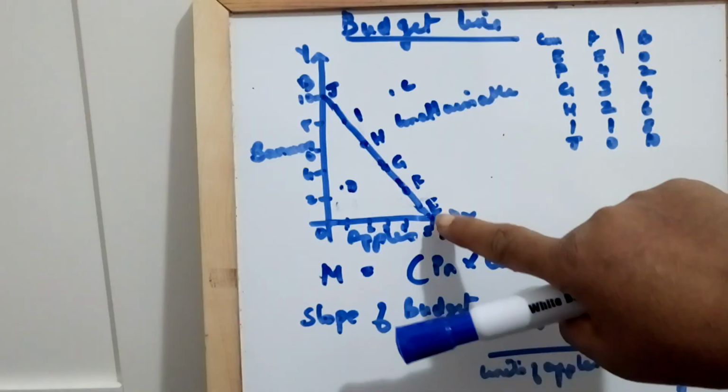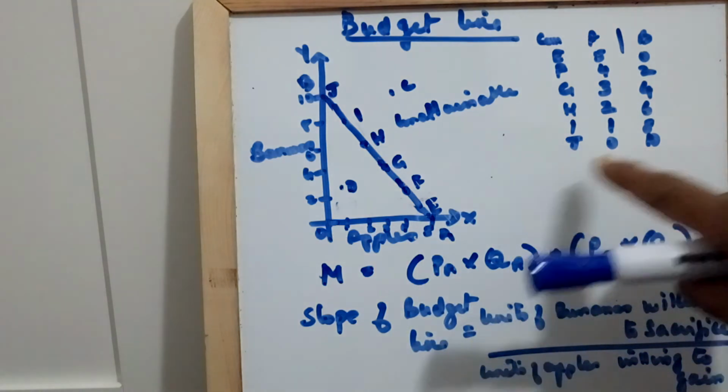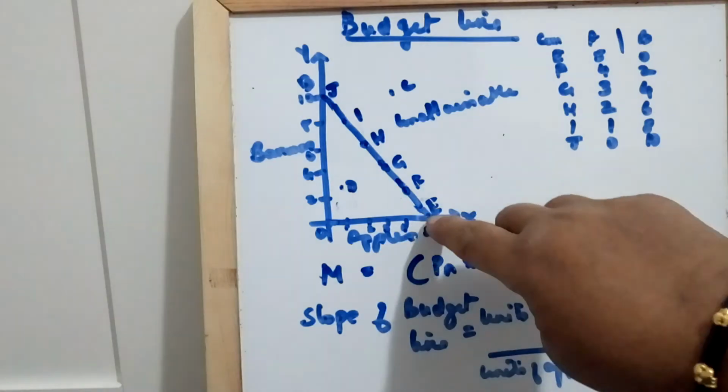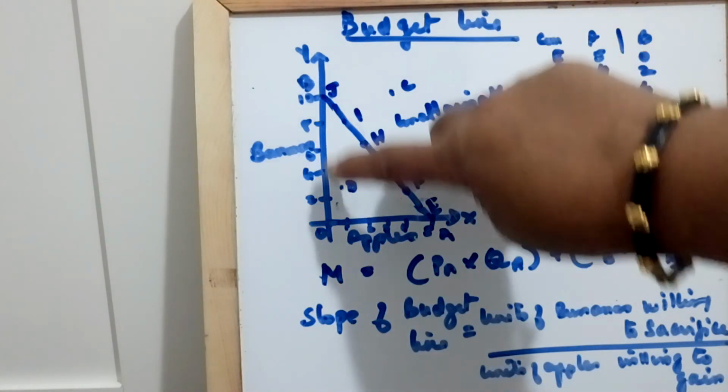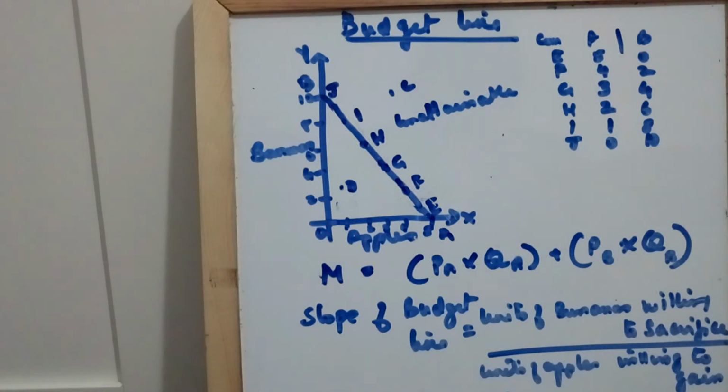You find 0 apples and 10 bananas in that example. So that's why it slopes downwards. Then the budget line is a straight line because the price ratio is constant throughout. So these are the properties of the budget line.